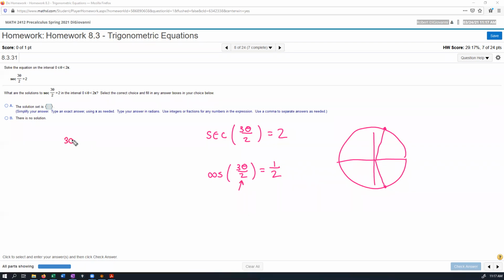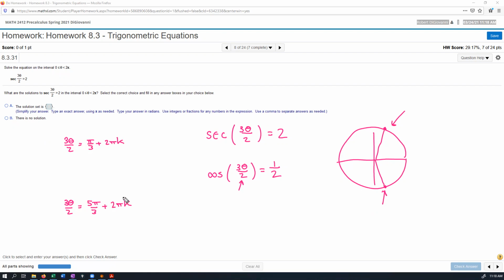I need that 3 theta over 2. Let's do the first one here. The first one is going to be pi over 3 plus 2 pi k. And then the other one is going to be 3 theta over 2 has to be equal to the other solution here, which is 5 pi over 3 plus 2 pi k.